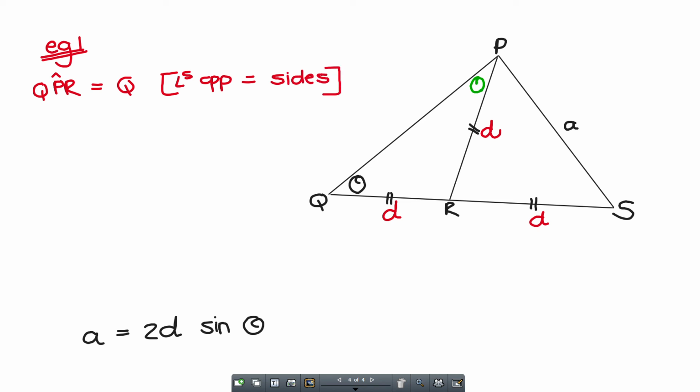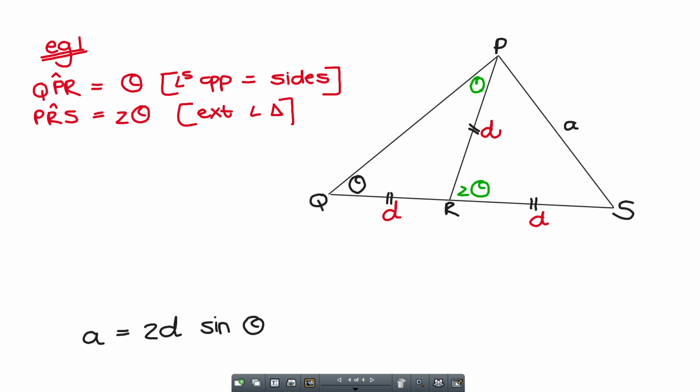All right, so now we've done that, and then we say, so PRS will then be theta, and that was exterior angle of a triangle, né? Buitehoek van 'n driehoek. Okay, so dan 2 theta.